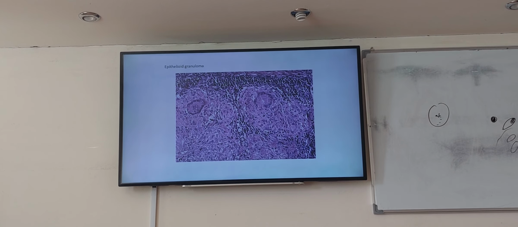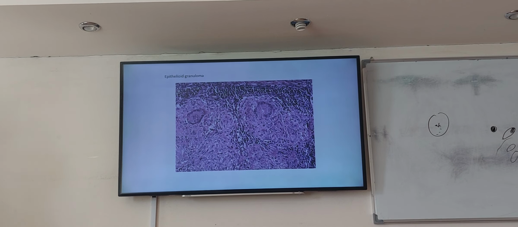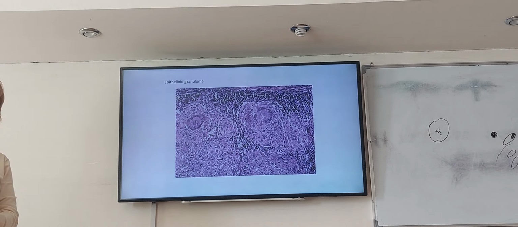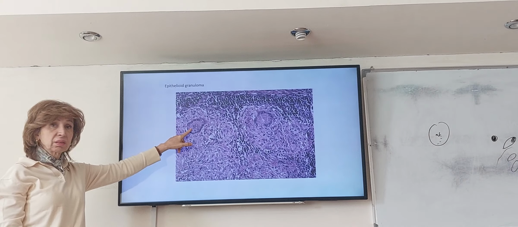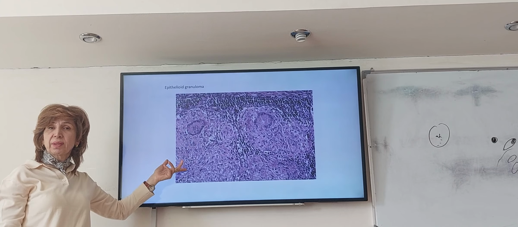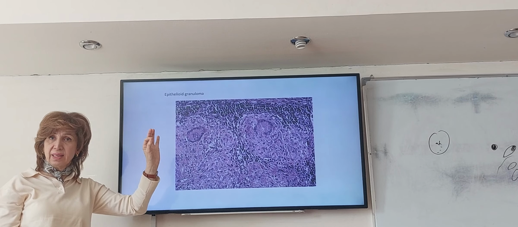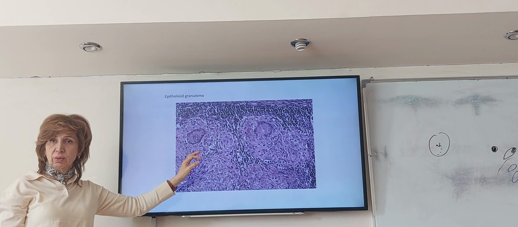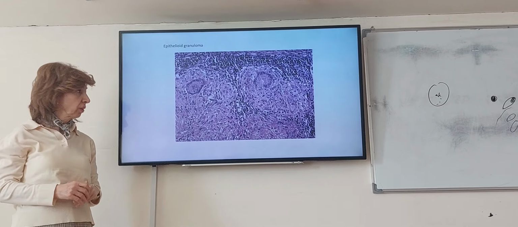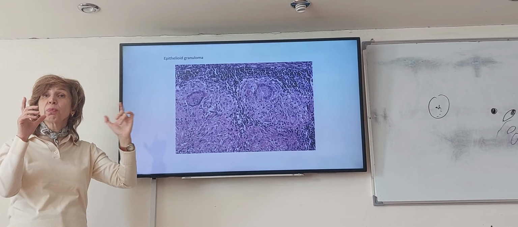Now, which one is this? When I put it like this, what is it? Langhans giant cells. So what can we say? Do you see caseation? No. So just tell me, non-caseating tuberculoid granuloma. As I said, it's a small picture.